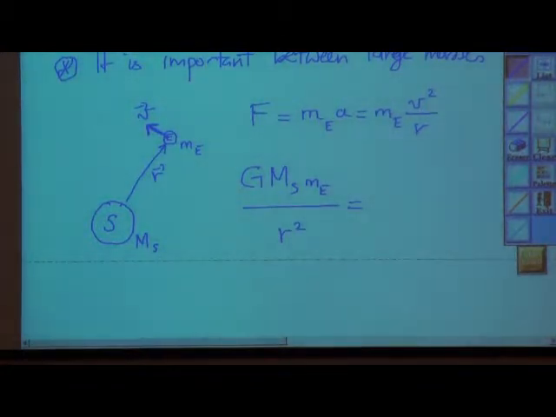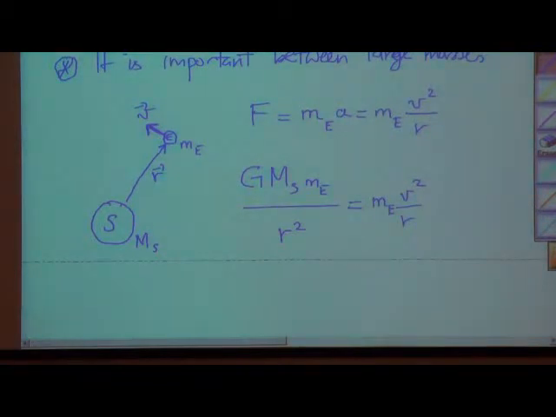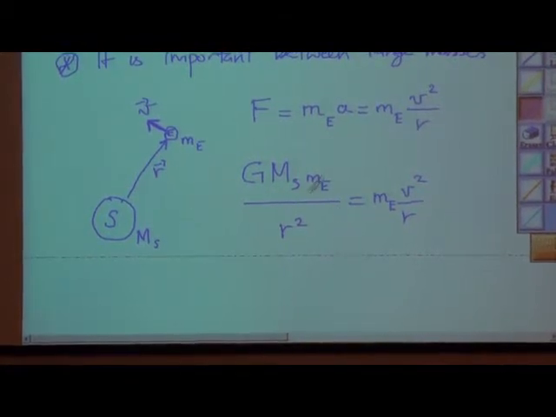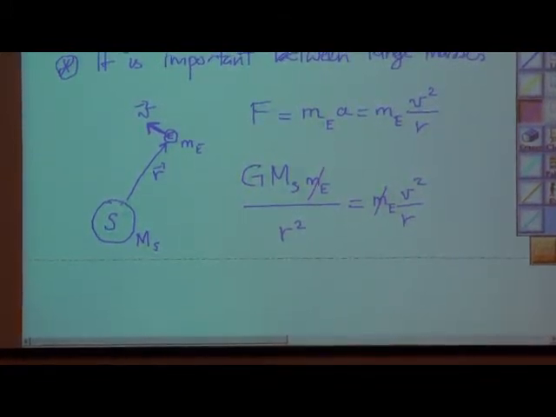That has to be equal to the centripetal force. Now, this is an equation. We can simplify it a little bit and notice something striking.